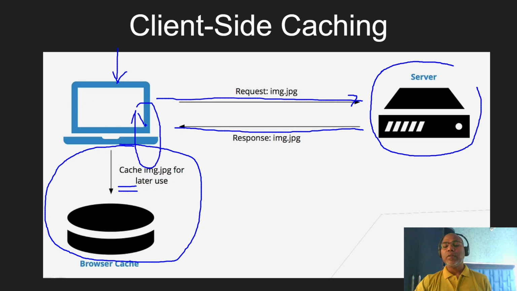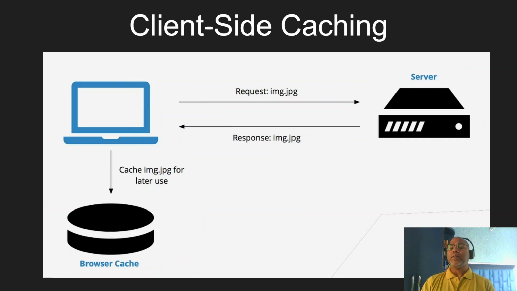So every time for the particular image or static file, our system does not need to call the server, because whatever device or app we are using provides a caching facility. So we can use client-side caching as well.